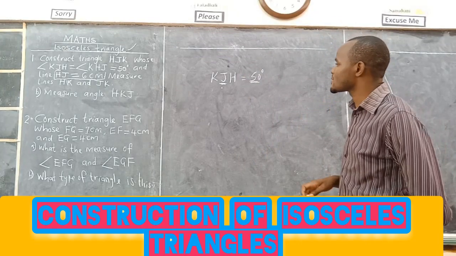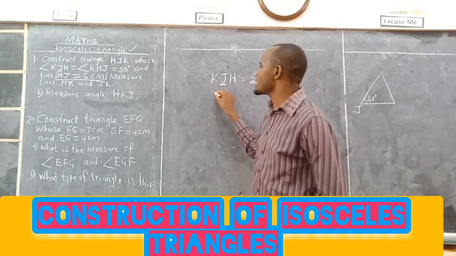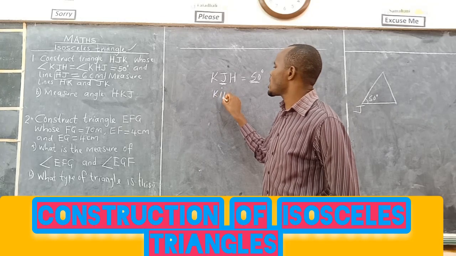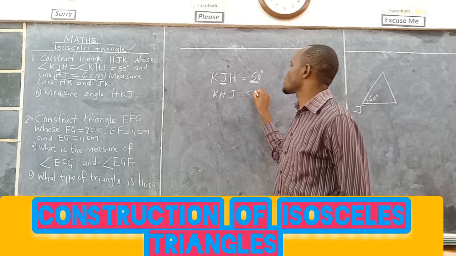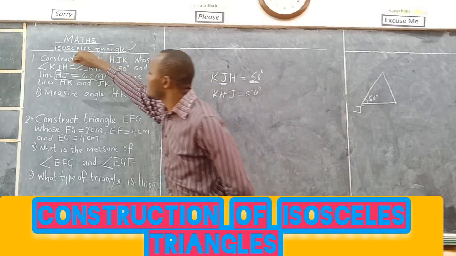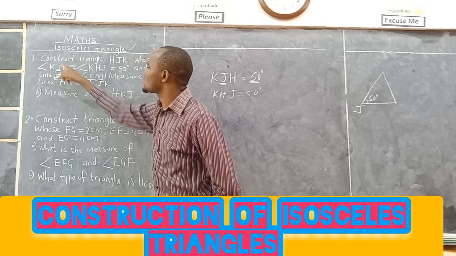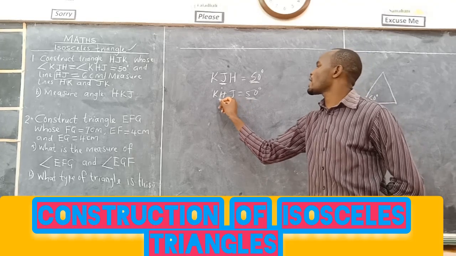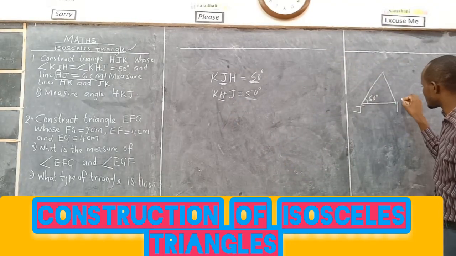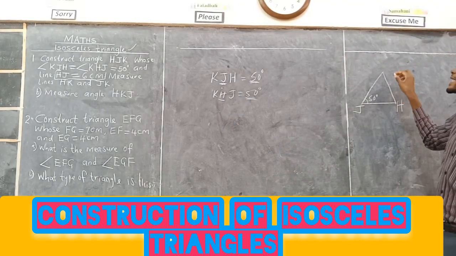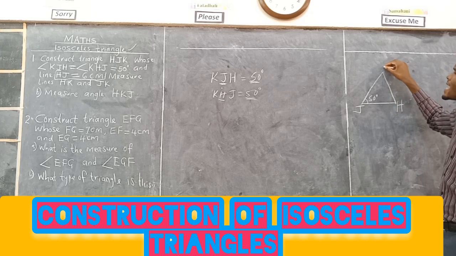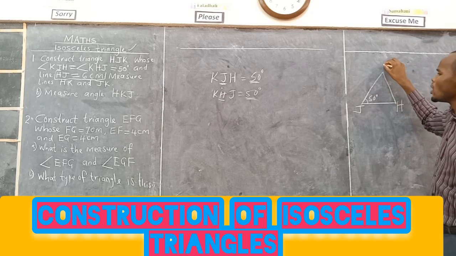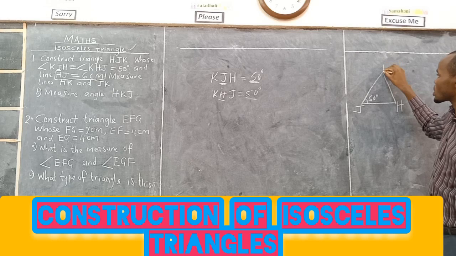Then we have the other one, KHJ, which is also 50 degrees. Remember, the two angles are equal. So this 50 degrees is also where we have H. So H is here. And automatically the other letter is at the top, which is K.